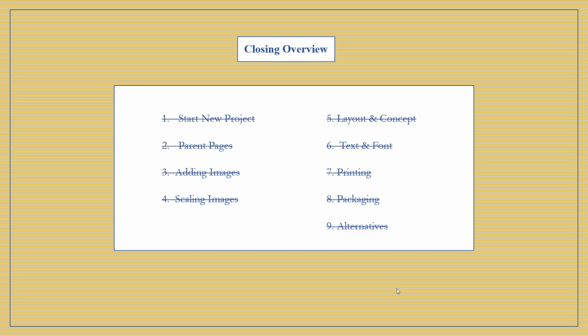We've talked about text and font. We went over printing and different ways to print, what packaging is and its usefulness. And then lastly, we talked about alternatives to using InDesign. So we went over PowerPoint a little bit. We went over the Google options that you have. We went over the other Adobe options that you have and different template websites that you can use to make fast, easy mood boards as well.